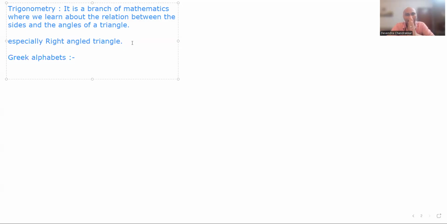Greek alphabets are used as symbols to denote or represent the angles of a triangle. That's why I'm introducing you. Some of you are not aware of it.